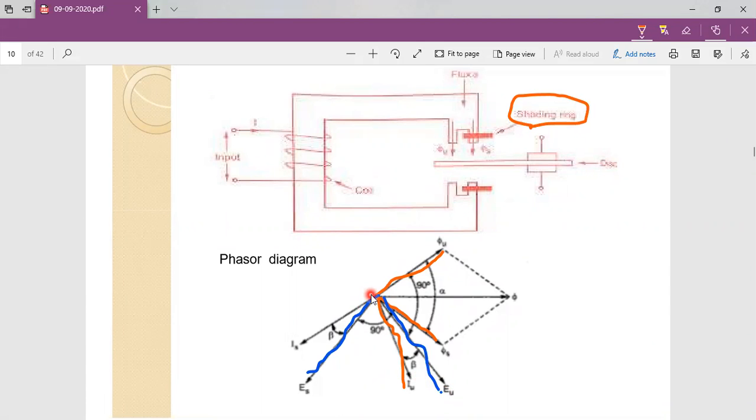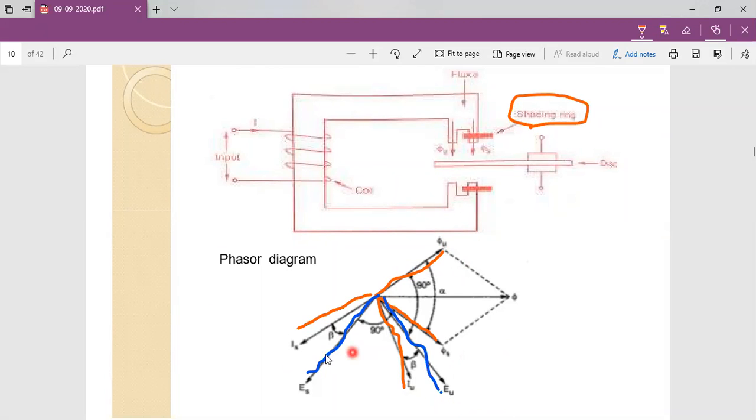In the same way, IS is also produced in the disk, and that IS lags ES at an angle of beta. When two currents occur in the disk, IS interacts with pi u, and IU interacts with pi s.